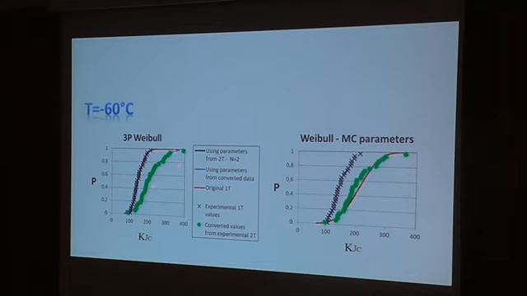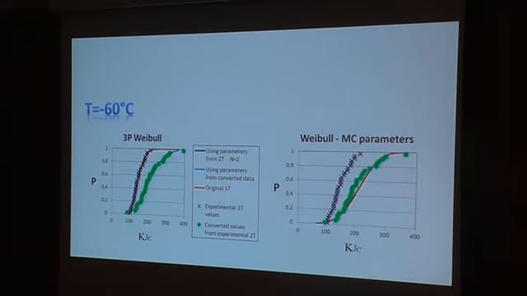There is also a difference between the probability functions obtained for converted values, that for three-parameter Weibull are the blue and black curves that are superposed, with the curve for the original 1T size.